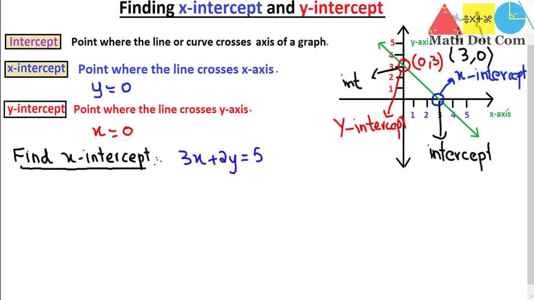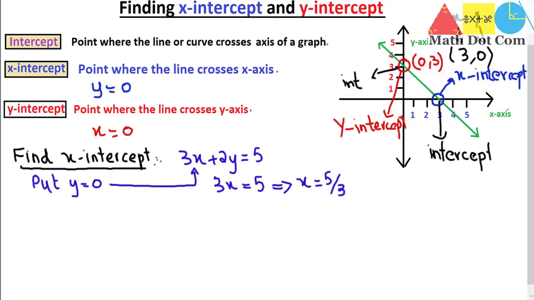Whenever you are asked to find the x-intercept, you have to put y equals 0 in the given equation, since we know that on the x-axis y equals 0. So we put y equals 0 in the given equation, and we get 3x equals 5, as y becomes 0, and finally x equals 5 by 3.